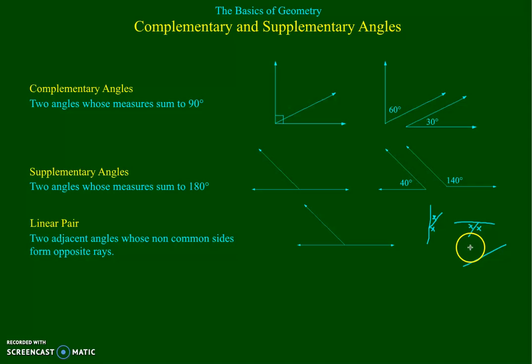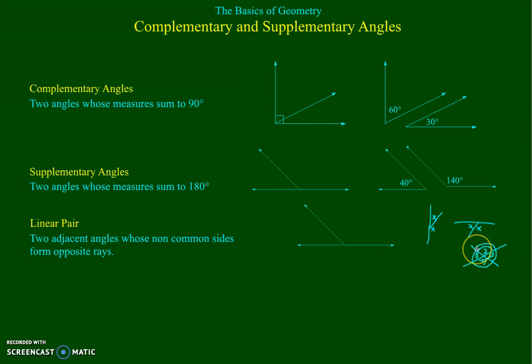Anytime you have two lines that intersect, you're going to have four pairs of opposite rays. Here's one pair, here's a second pair, here's a third pair, and a fourth pair. And all those linear pairs are supplementary.